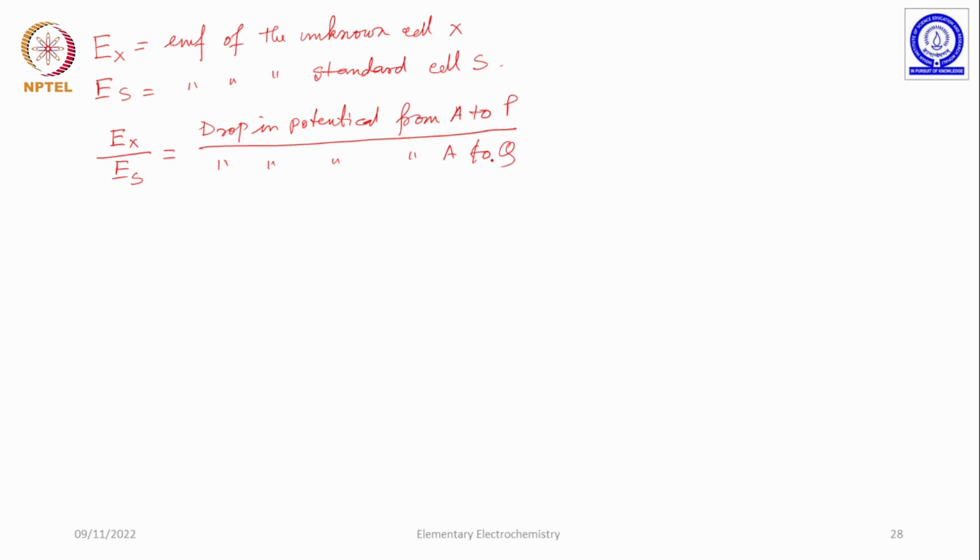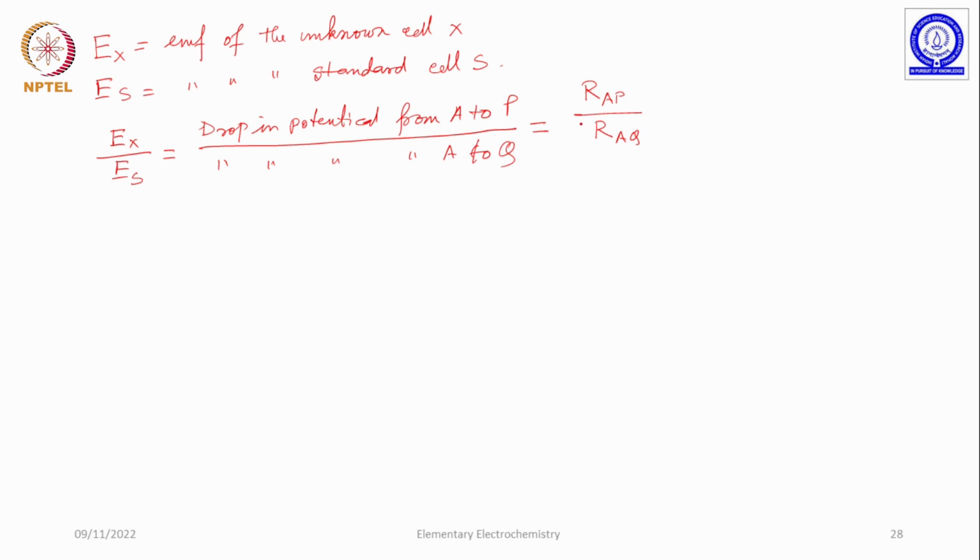Now, since AP and AQ are parts of AB, which is of uniform thickness and high resistance, one can easily write that this is nothing but the ratio of the resistance R between AP and resistance R between AQ.